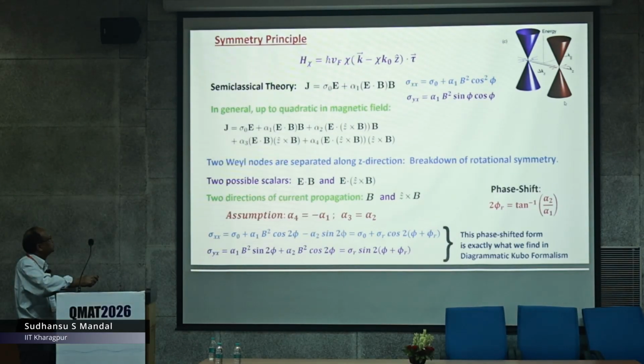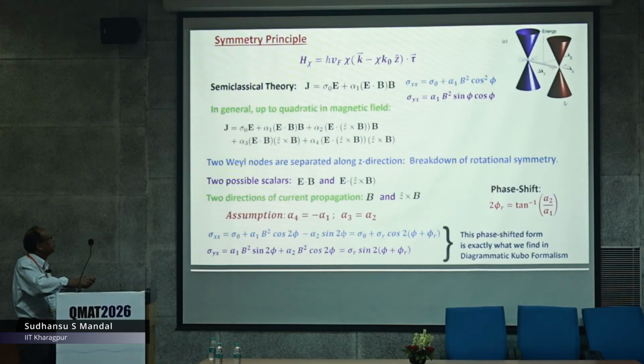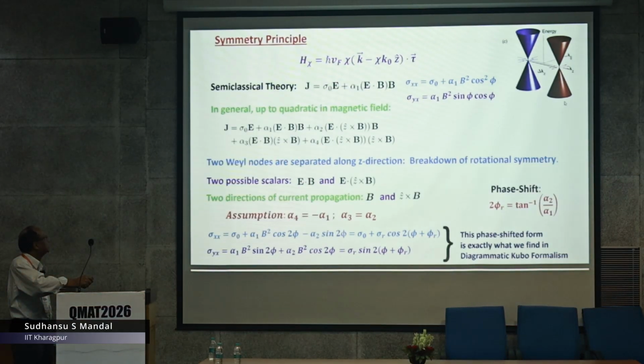But in Weyl nodes, what you find is that the two Weyl nodes are separated along certain directions. So in principle, there is a broken rotational symmetry. If you have a broken rotational symmetry, what are the possible terms that you will have in the current if you want it linear in electric field and quadratic in magnetic field?